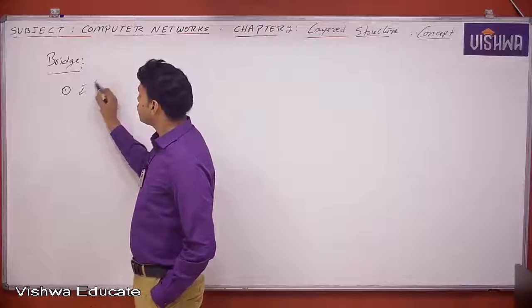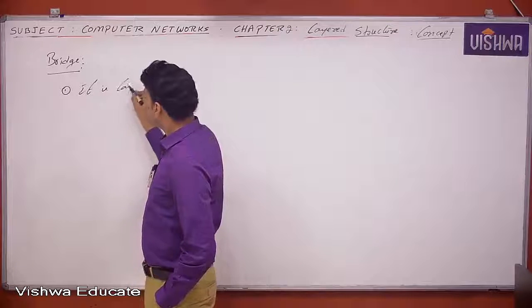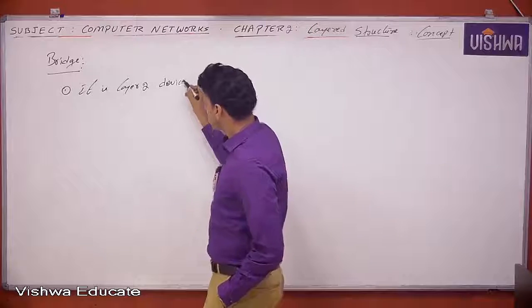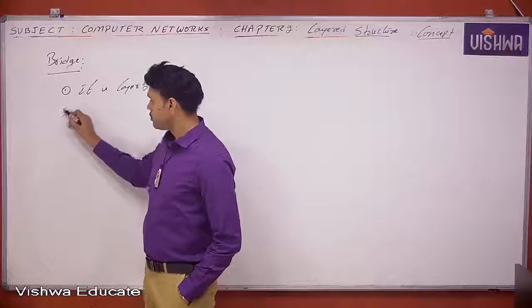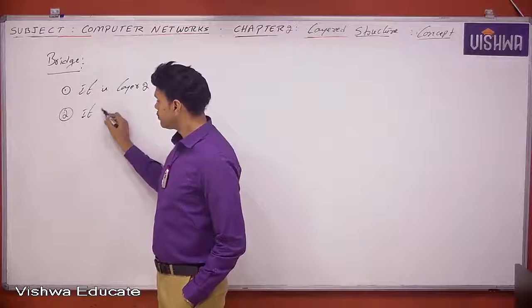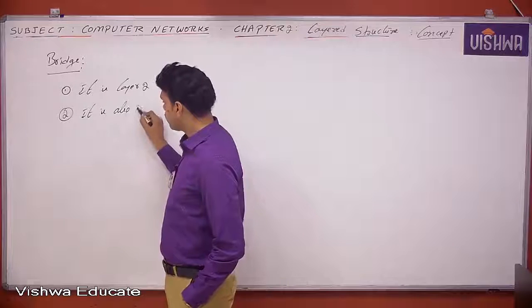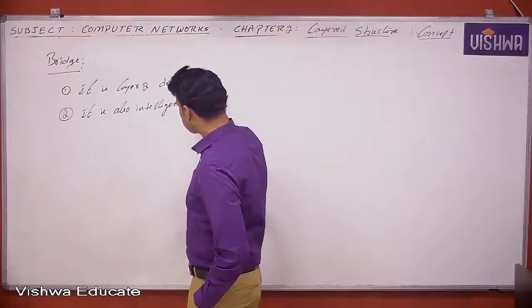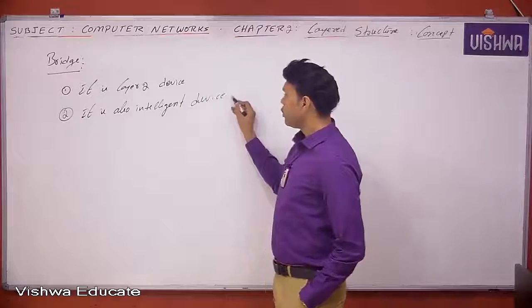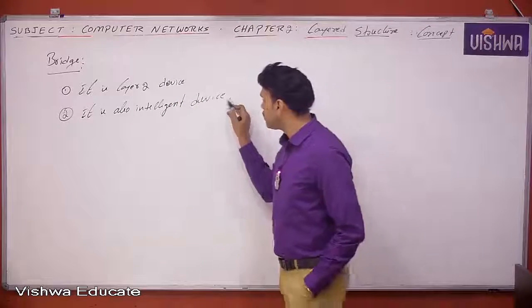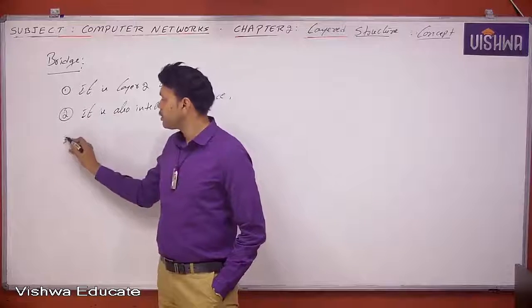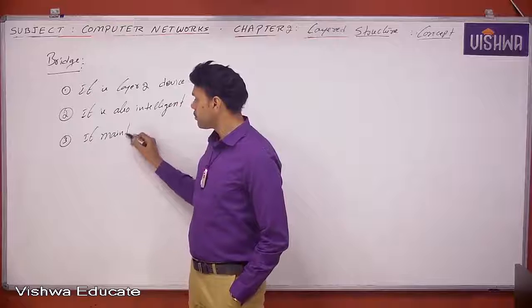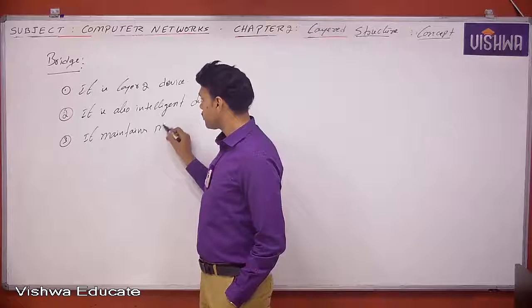Point number one, it is also a layer 2 device. It is also an intelligent device. When I am talking about intelligent, immediately you need to see that it maintains a MAC table.